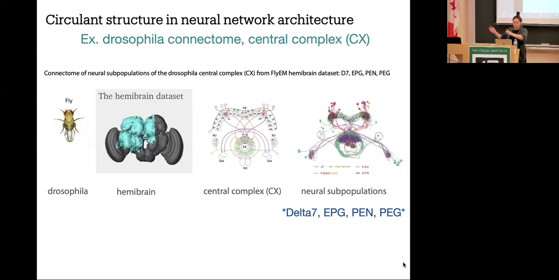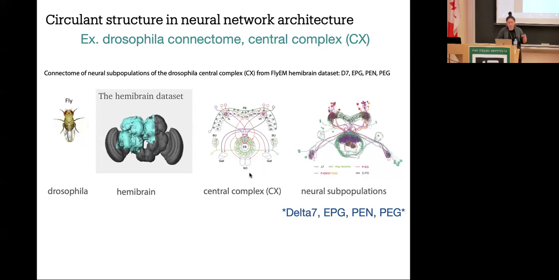They, along with others, produced the first partial connectome of the adult female fly brain. It's called the hemibrain data set, and they were able to reconstruct, I believe from electron microscopy imaging, the neurons and their different synapses to each other for this part of the brain.